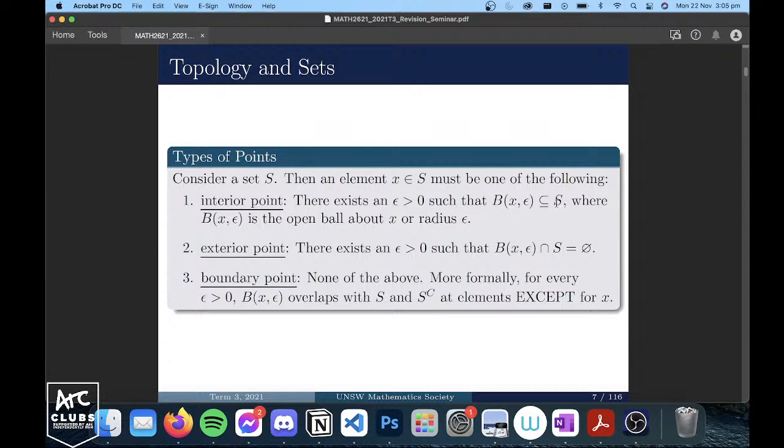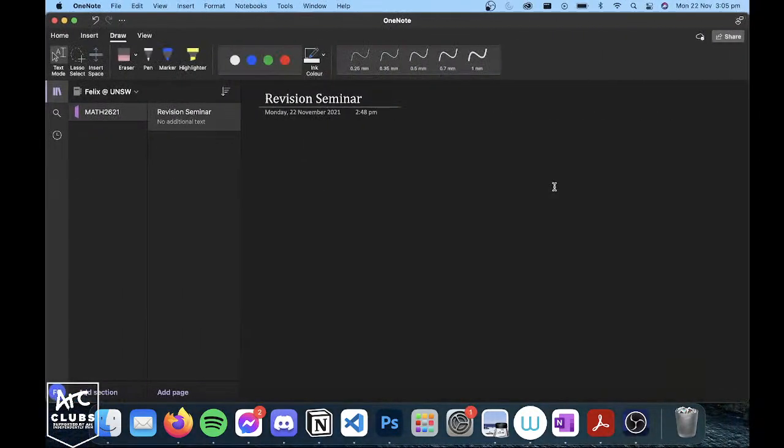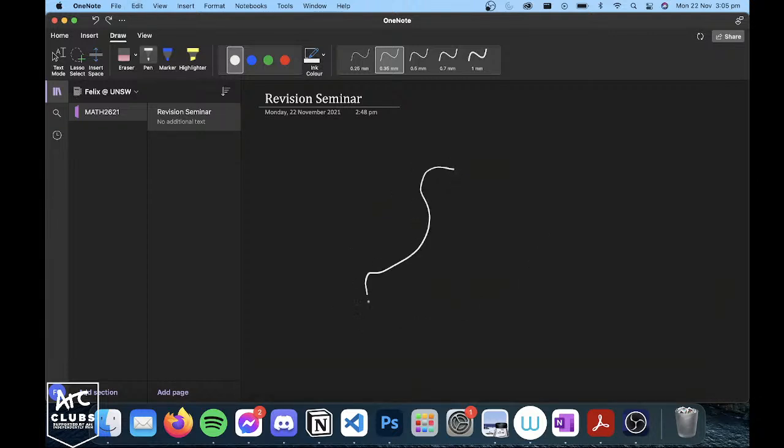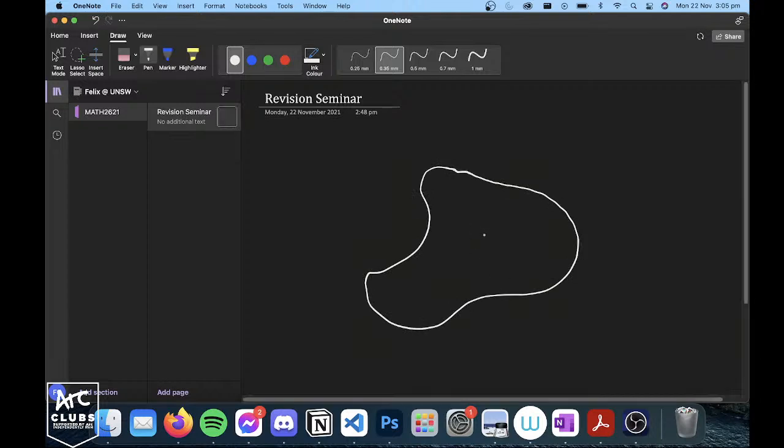So what does that look like? Well, I'll give you an example. If we draw the set here, and let's place a ball over here, within the set, where this is its center x, and its radius is epsilon.